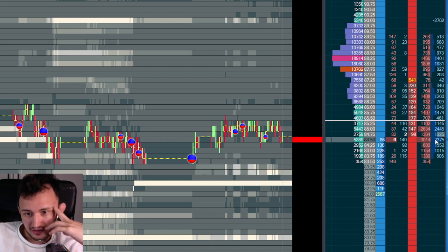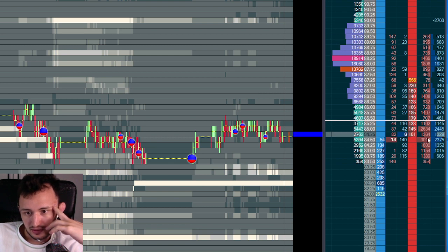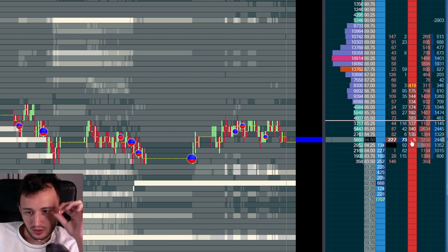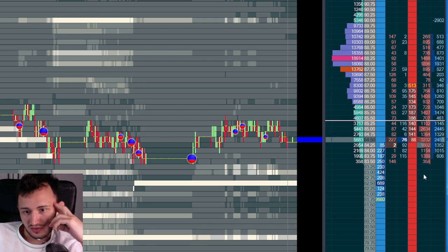So we have probably the mean of this range, the 8450s. It's kind of the real point of control, let's say, of this range here.